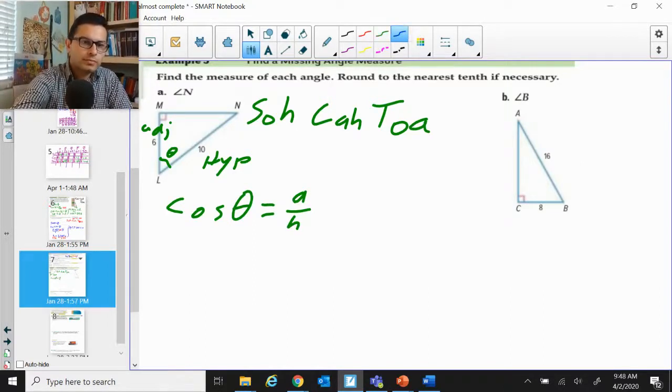Therefore, cosine. Now, do we know the angle yet? No, we don't know the angle yet. So we're just going to keep that as theta.